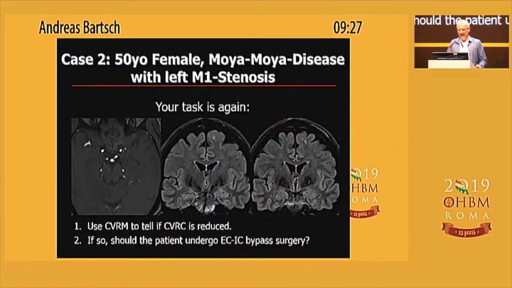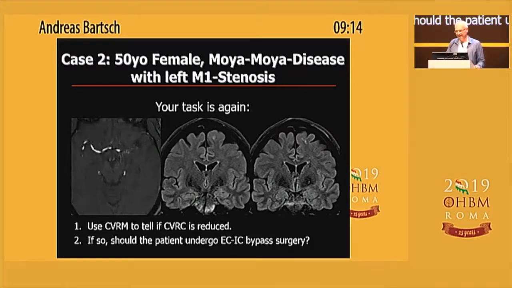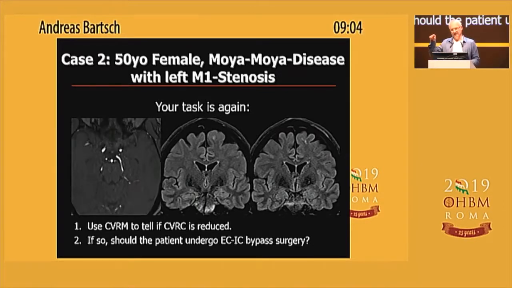Okay, this is a very similar case, and I'll just walk you through it. That's a patient with Moyamoya disease, a 50-year-old female with a left M1 stenosis. It's kind of atypical because Moyamoya usually involves the terminal ICA, the internal carotid, and in her case, it was not involved. So it's a bit atypical, but it can happen.